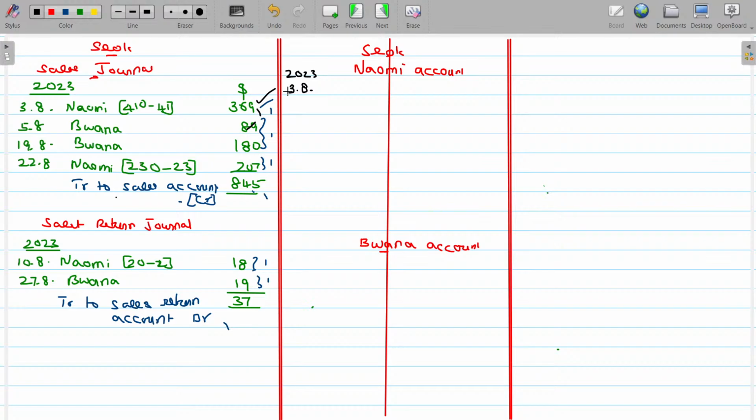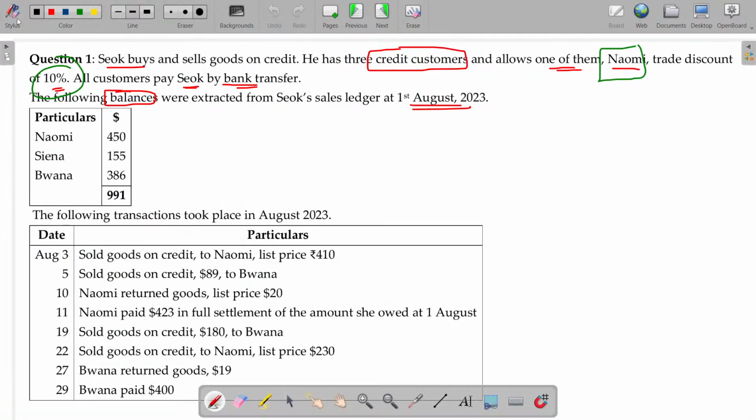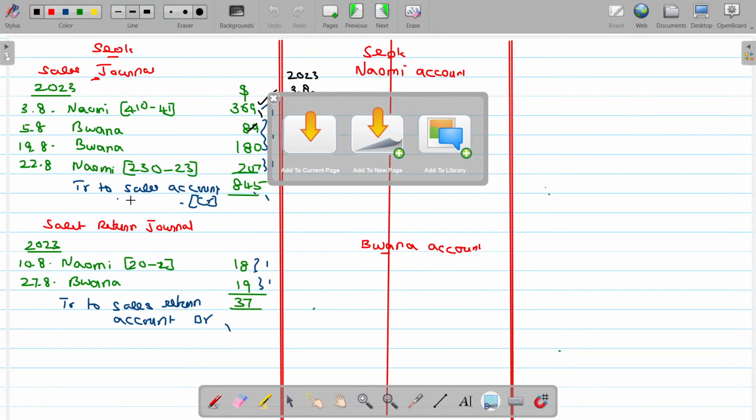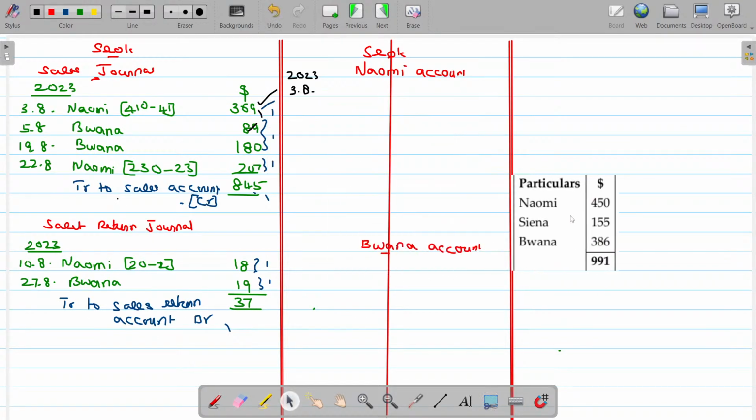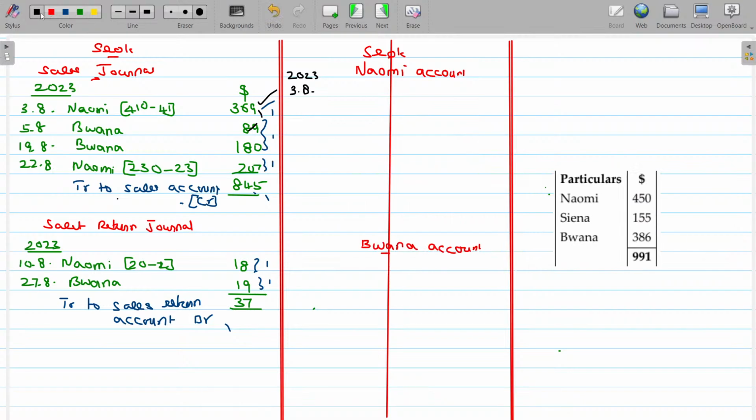You have to start with any balance. We have been given 3 parties here: Naomi, Siana and Bhavana. I can prepare all 3 parties' accounts for better understanding. There is no transaction for Siana here, anyhow I open Siana's account also.